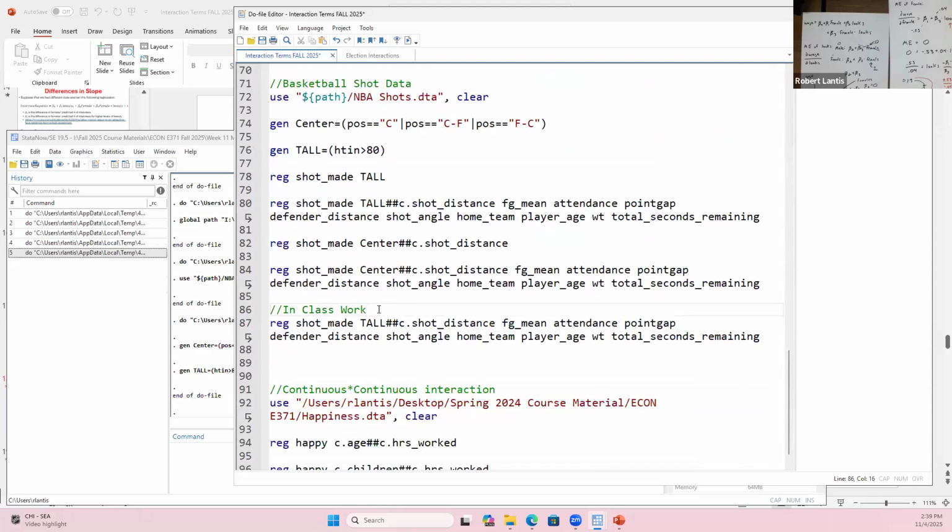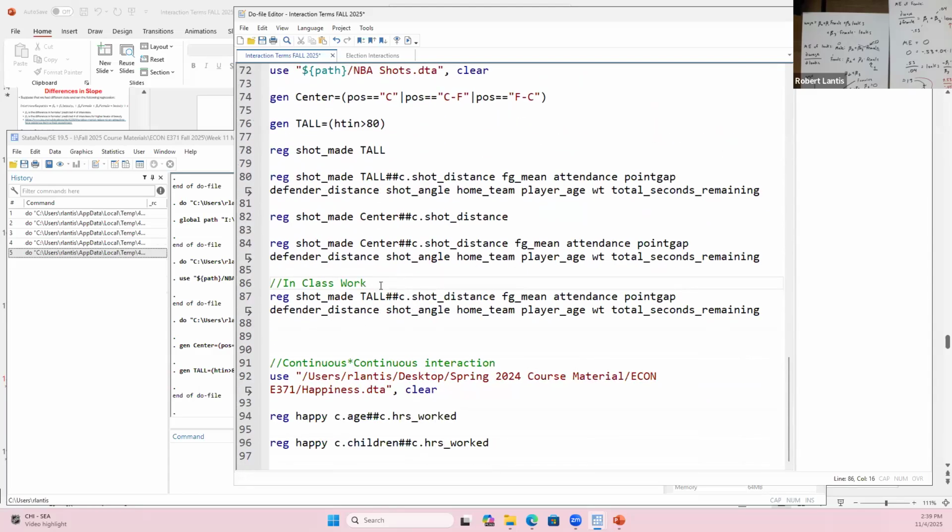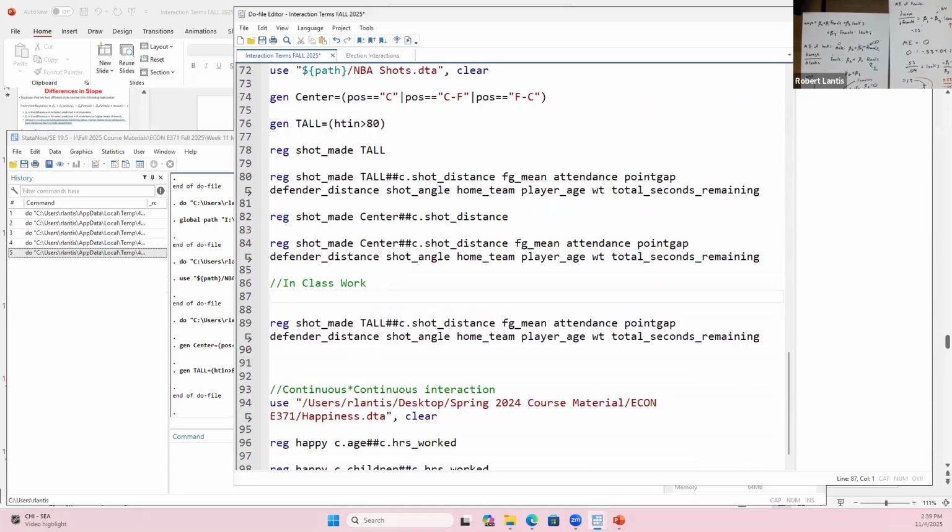So we're going to do that here. I'm going to call this tall shot distance, right? Now, if you want, you could spell this out even more. I'm just going to shorthand it here. And this is just going to be the interaction of tall with that continuous variable of shot distance.